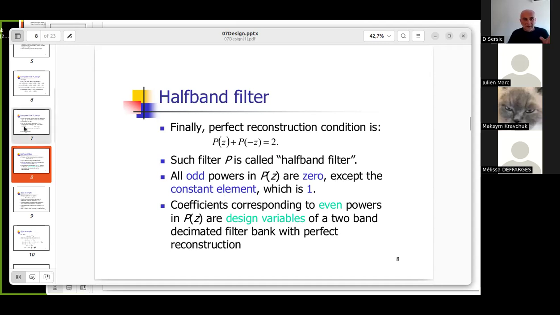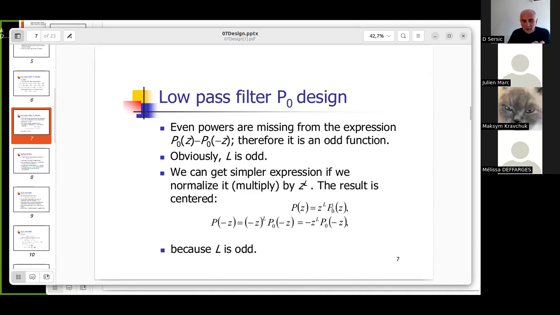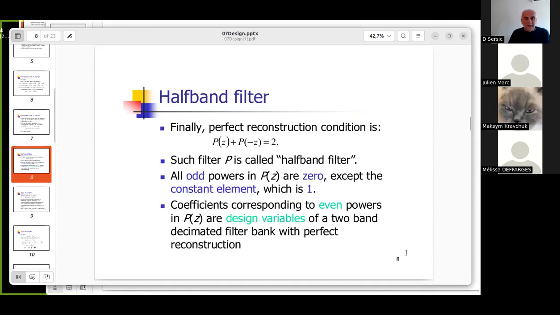Let's say a normalized filter in such a way is denoted in literature like P. Okay. Now all odd powers are 0 except one constant element, which is exactly 1, and that is in the middle.